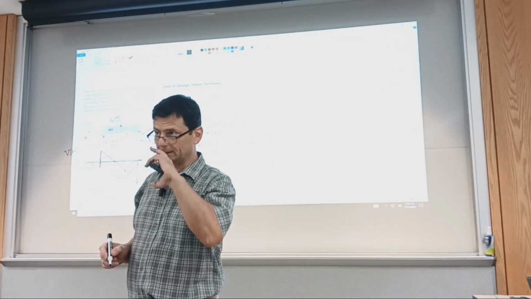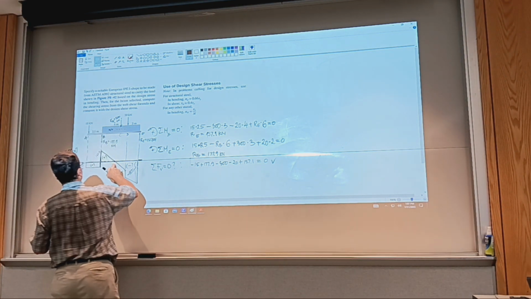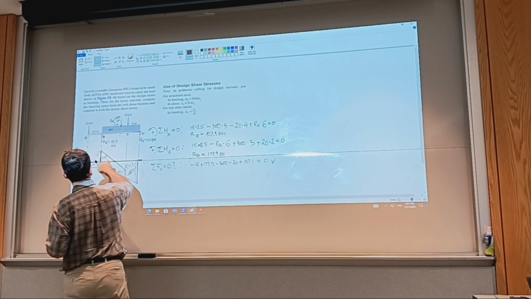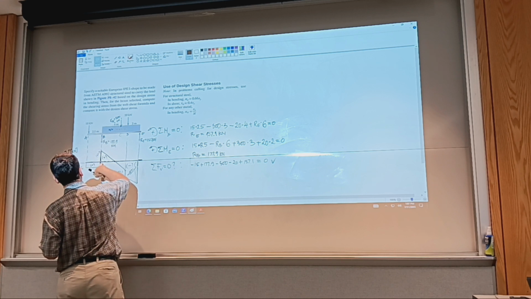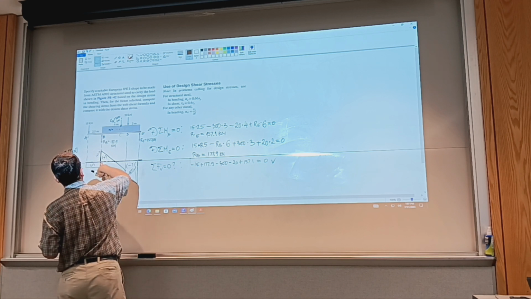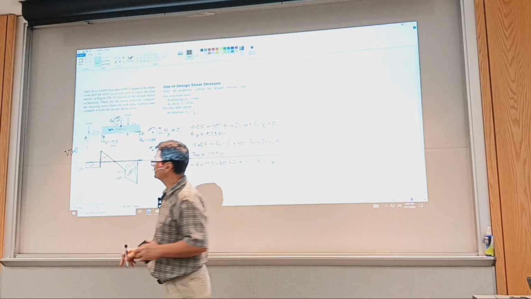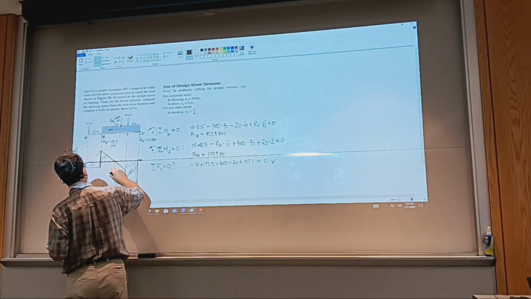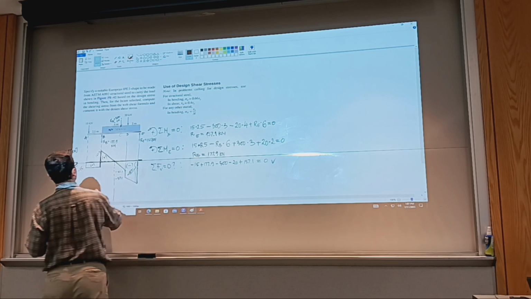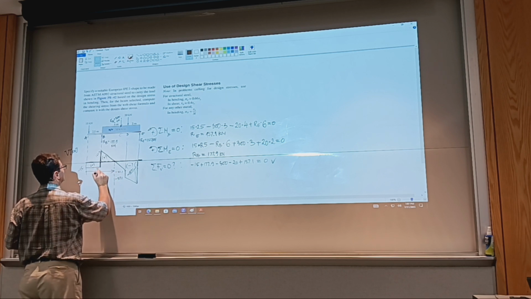Earlier we evaluated where moment goes to 0, but here we need to know where moment goes to maximum, because when shear goes to 0, we'll have an inflection point with a maximum or minimum here, and then we have a smooth maximum or minimum, we cannot tell yet, at this location. So we need to find this point, you know, what this distance is, and I call it x, where M is maximum.